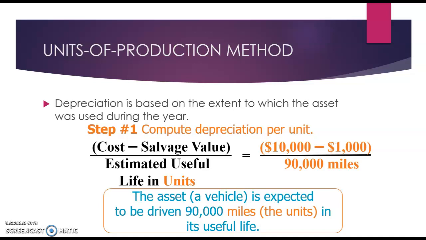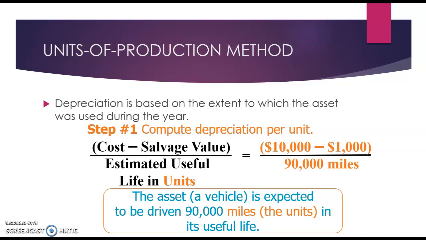However, you have to have some way of actually calculating out the exact use. So the most commonly used units of production asset is a vehicle, because you have an odometer in the vehicle which tells you exactly how many miles you used that vehicle each year.